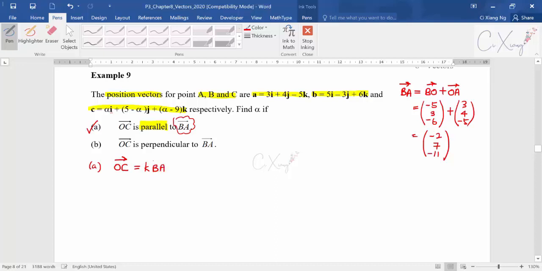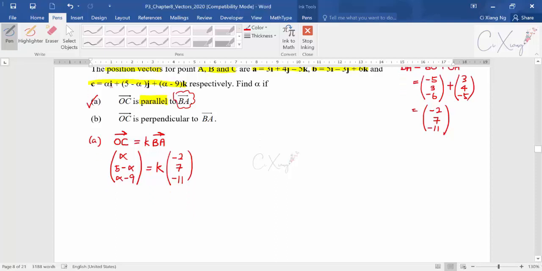Because if two vectors are parallel to each other, then they can be written as multiples of each other, right? So A equals something times B, lambda B or whatever. Okay, so if you have OC equals k BA, what is OC? OC is alpha, 5 minus alpha, alpha minus 9, which equals k BA. So k BA means you should have k times negative 2, 7, negative 11.